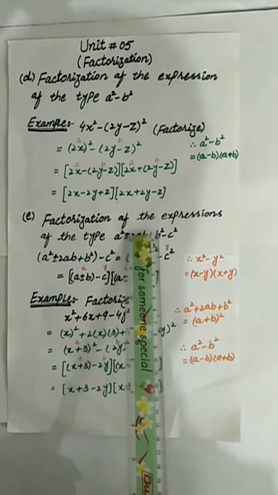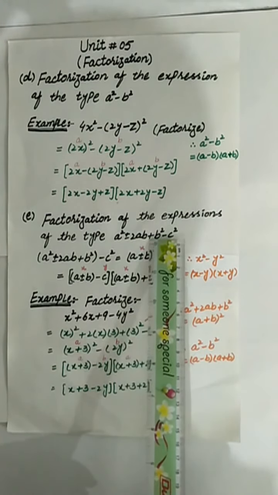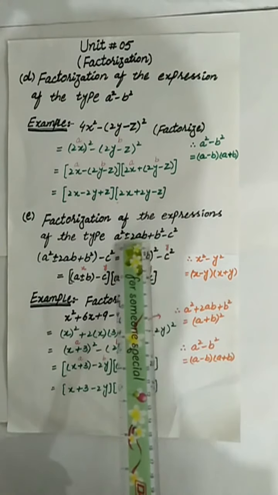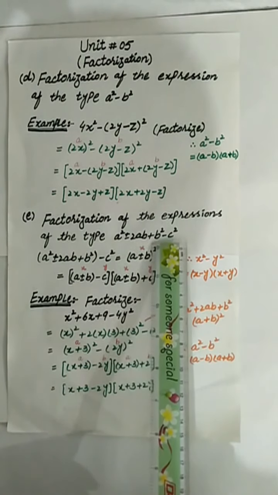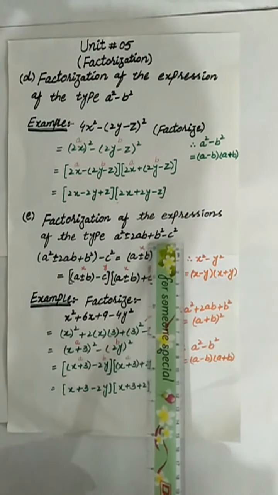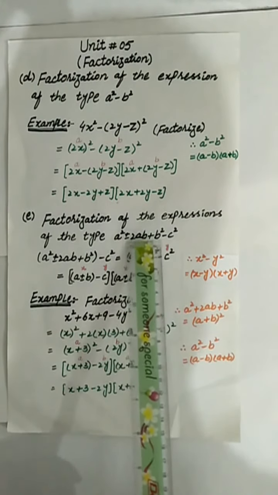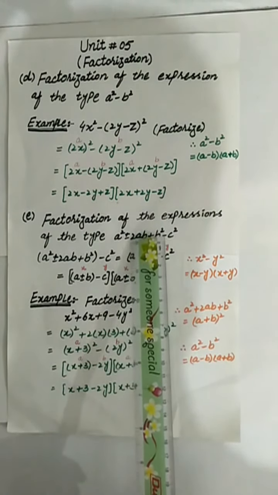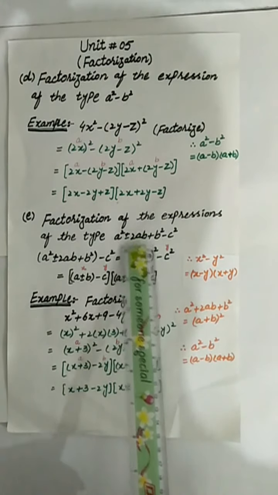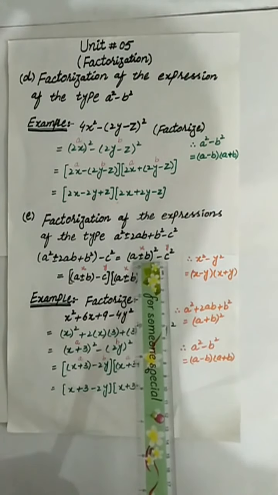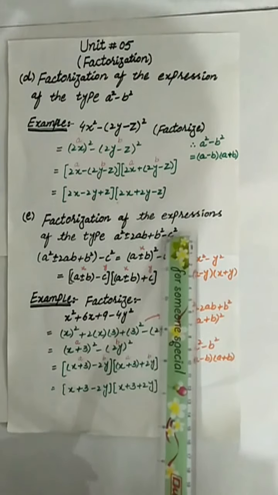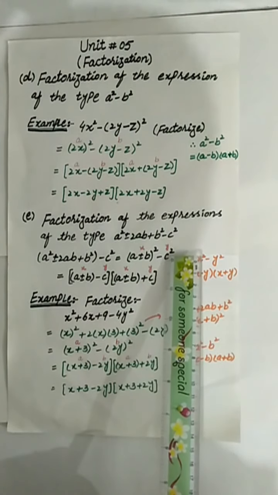As we know, a square plus 2ab plus b square is the formula of (a plus b) whole square, and a square minus 2ab plus b square is the formula of (a minus b) whole square. So because of this positive and negative sign, we will write this as (a plus minus b) whole square minus this c square.